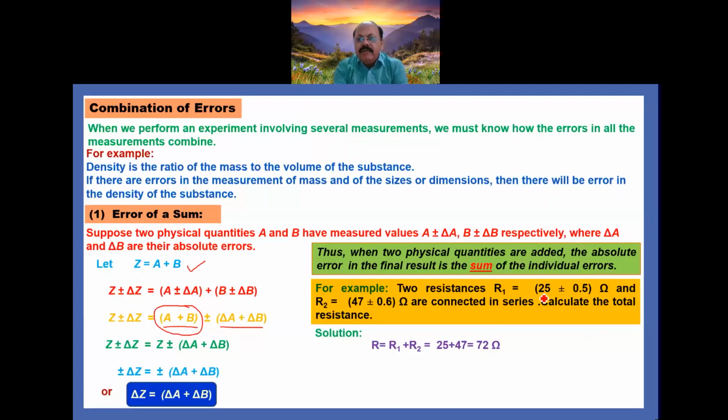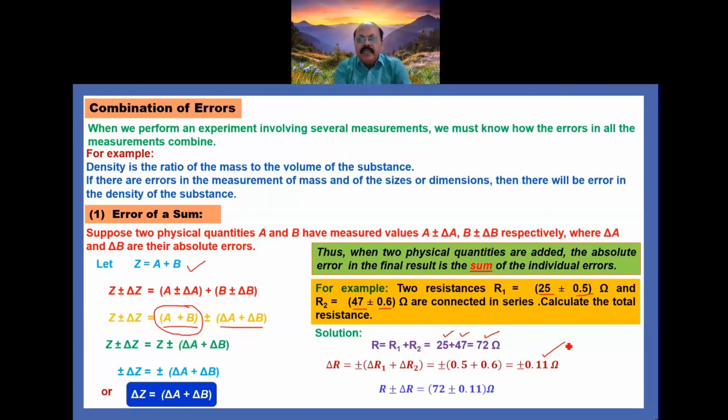So we have to calculate first R equals R1 plus R2. The measured value of R1 we take as 25, and this is delta R1. And similarly here the measured value of R2 is 47 and delta R2 is 0.6. So R equals R1 plus R2, that is 25 plus 47, which comes to be 72 ohm. Similarly we find delta R, which is equal to plus minus delta R1 plus delta R2, which comes to plus minus 0.5 plus 0.6, that is plus minus 0.11 ohm.